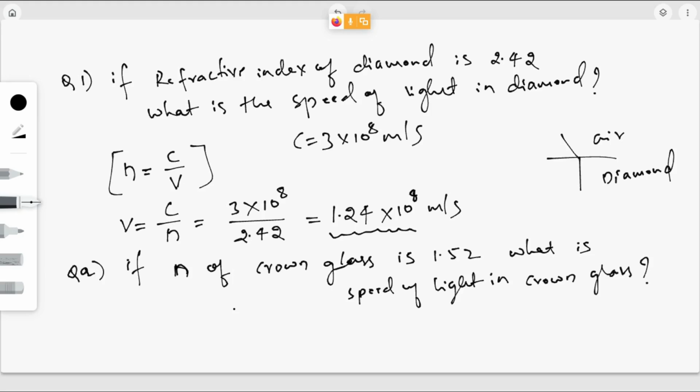Share me the solution of this. First copy this one and then find the speed of light in crown glass and share the solution.